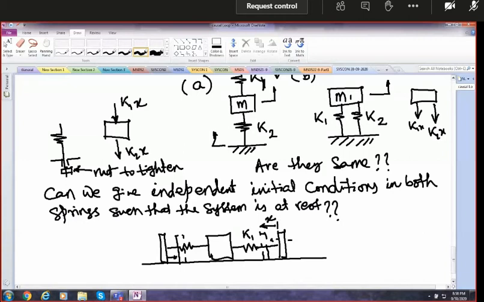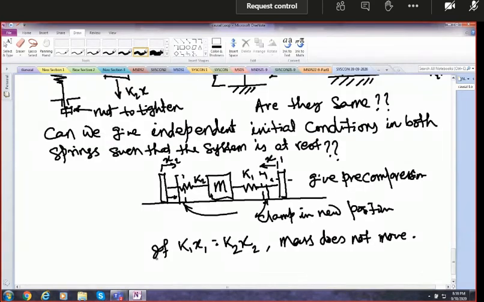If K1 X1 is equal to K2 X2, the mass does not move. Mass will not move. Nothing will happen. This is configuration A.